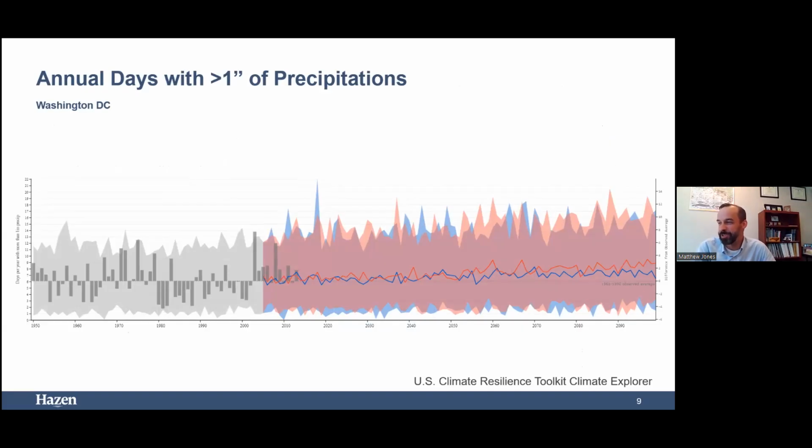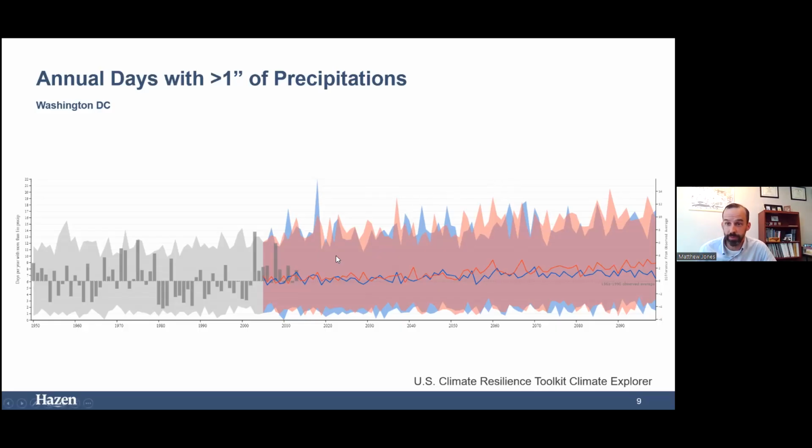And what you can see here, it's a bit hard, as I said, sometimes these models can be difficult to pin down specifics of storm changes, but you can see some indications that as we look out over time through the rest of the century, there's some increase in the number of days with more than 1 inch of precipitation.